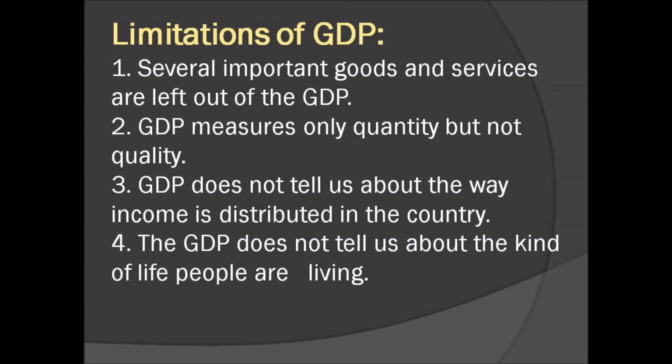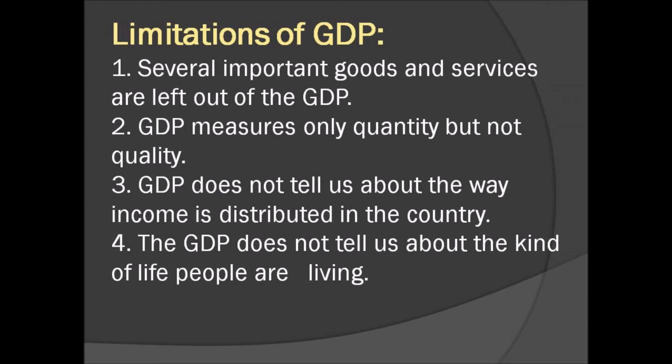Fourth point, the GDP does not tell us about the kind of life people are living. The GDP per capita acts as a metric for determining a country's economic output per person living there. But it does not tell us about the kind of life people are living.